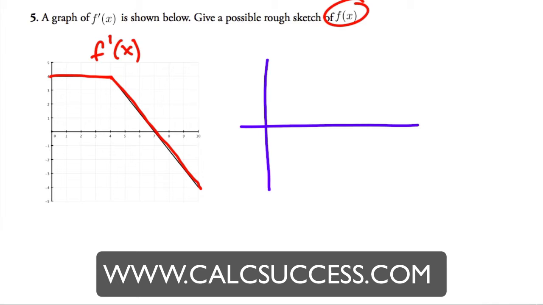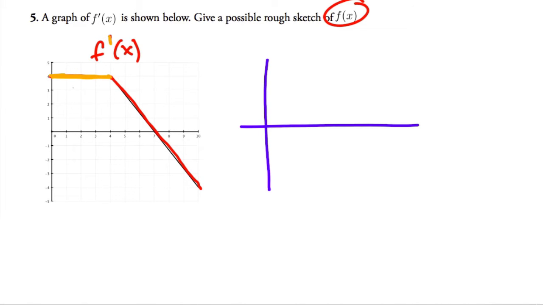So let's take it one at a time. Here, for example, because the derivative is equal to positive 4 from 0 to 4, that means that it has to be increasing, right?